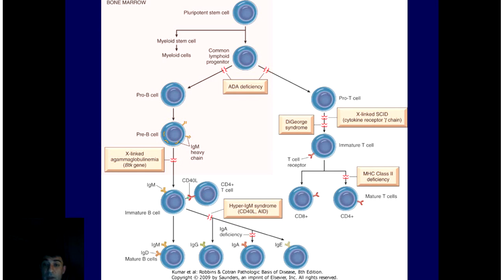In severe combined immune deficiency, the problem is in the common cytokine receptor gamma chain, and the result is that the T cells cannot get corresponding activation. For example, they cannot become activated by interleukin-2.